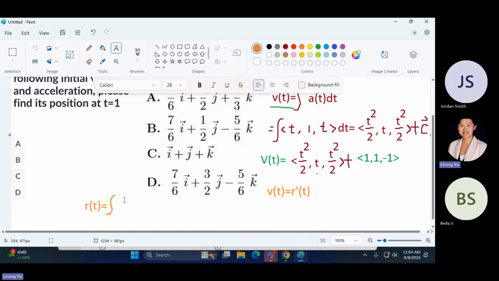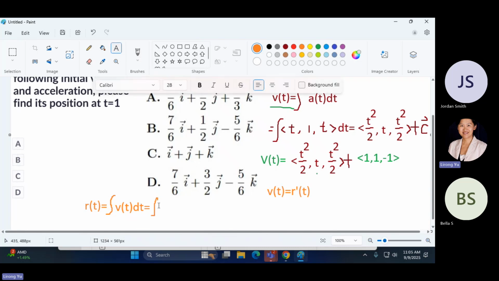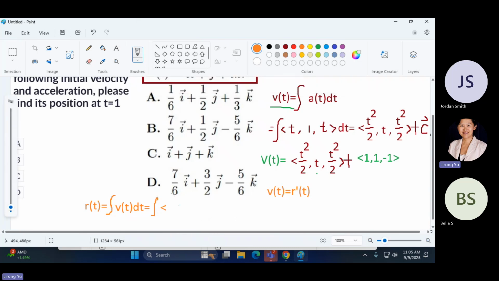And that's the reason we have to answer this question by integration. So what we do is integrate the v(t) we just found, and let's write that v(t) in vector form. The first component is t squared over 2 plus 1.